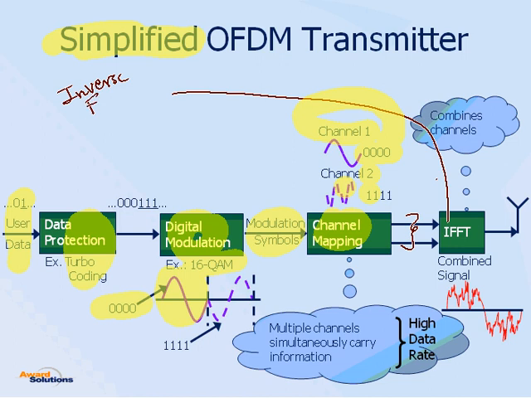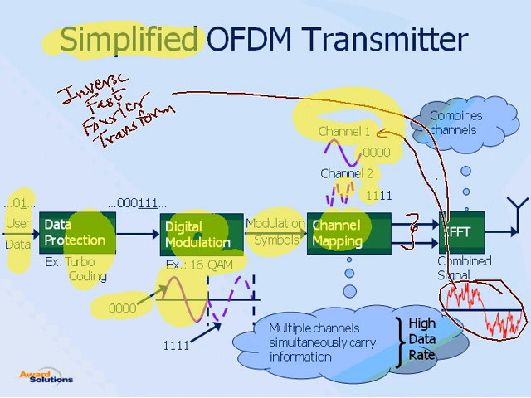This IFFT will combine all the orthogonal subcarriers carrying modulation symbols into this strange looking signal. Inside the strange looking signal, we have orthogonal subcarriers, each subcarrier carrying one modulation symbol during that OFDM symbol period, which in LTE is about 66 microseconds.